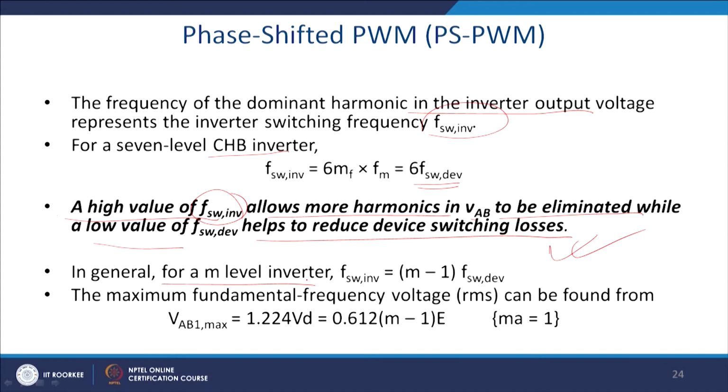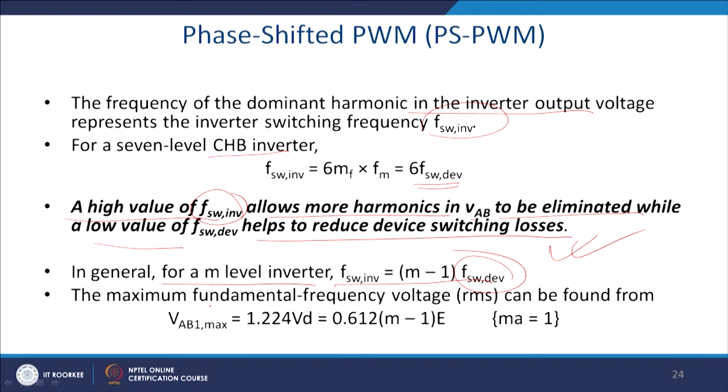It is just like made for each other. So, in general for an M level inverter, this is something that we require to use frequently: switching frequency of the inverter equals M minus 1 into the switching frequency of the devices. So, the switching frequency of the devices is quite low. If you have a 9 level, then it is 8 times.